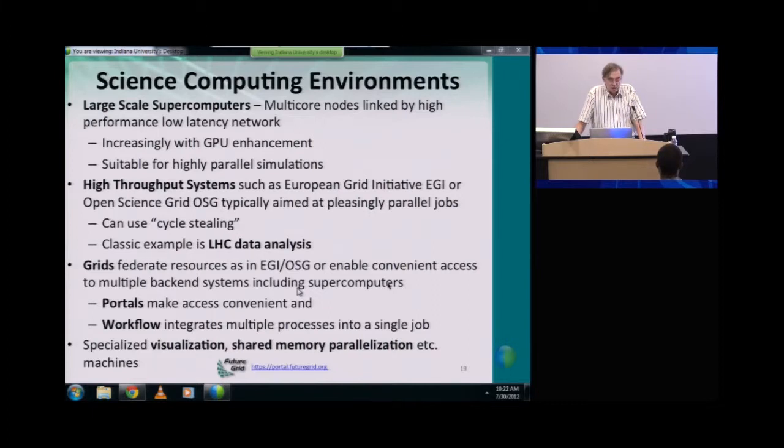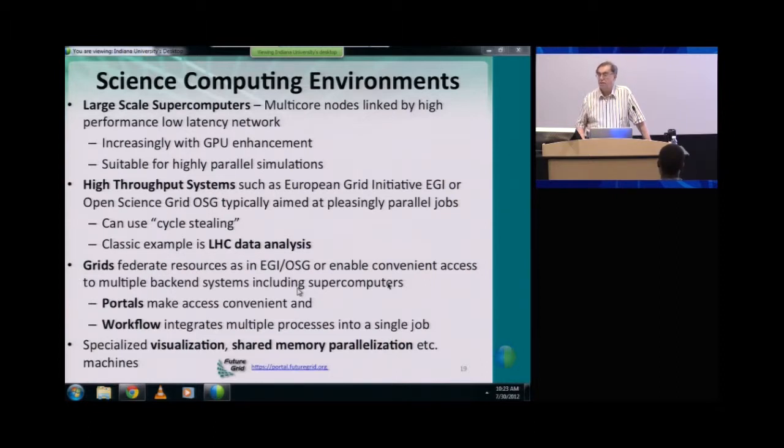Then we have so-called high throughput systems. Those are probably best illustrated by the analysis of the Large Hadron Collider, or by the analysis of gene sequences, where typically you have lots of data. I think the Large Hadron Collider itself has hundreds of thousands of servers devoted to its analysis. But the difference is they're not tightly coupled like Sequoia and the simulation of fusion.